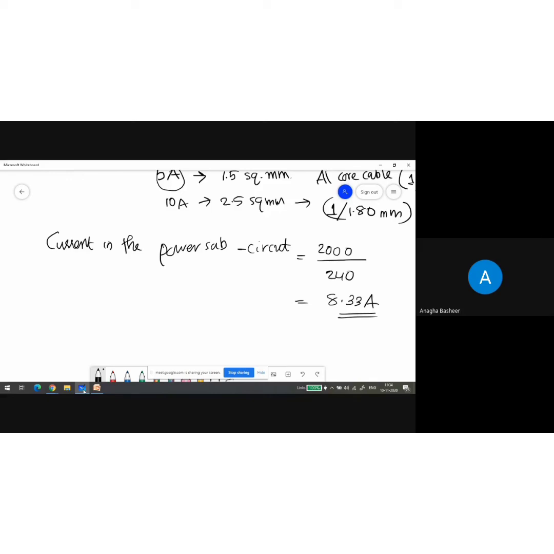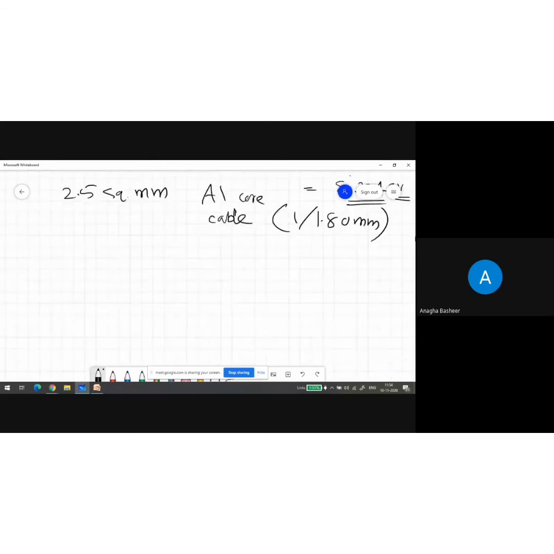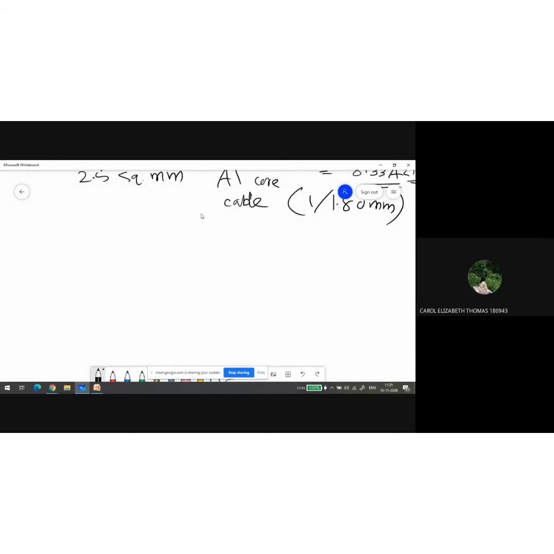So in this case, you have to use that which is within 10 ampere. So we have to use the standard 2.5 square mm aluminum core cable. Specification 1 by 1.80. Next. Can you follow me? Yes, ma'am.